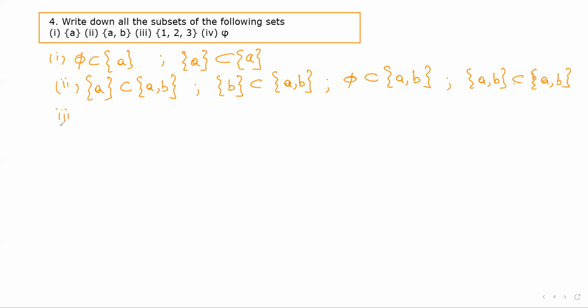Good. You have three elements, so there would be three singleton sets, three sets with two elements each, one set with phi, where phi is a subset, and one where the complete set is a subset of itself.